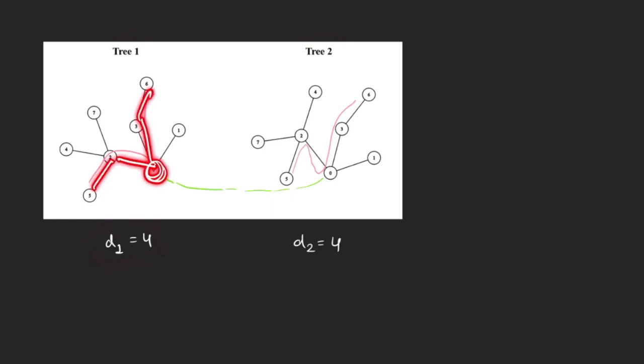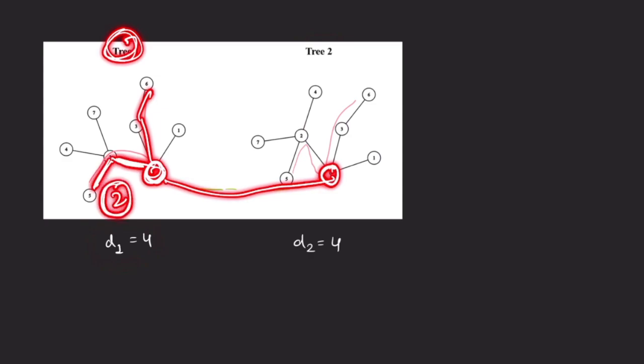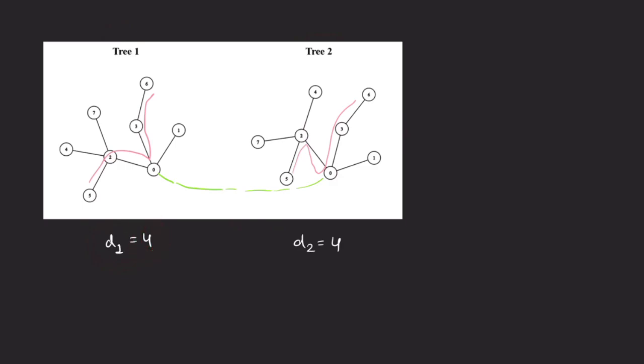But now that I have connected the mid node with this mid node, from this tree we are getting a contribution of 2 only, and from this tree also a contribution of 2 only. And then 1 is this edge that we had connected. So this earlier was 4, now it is reduced to 2. Here also it is reduced to 2. And then plus 1 is the new edge that we added.